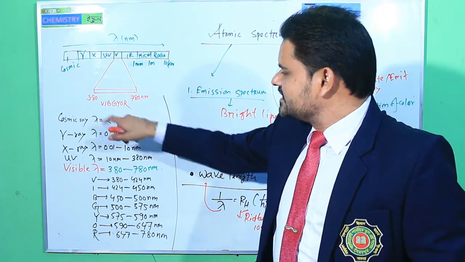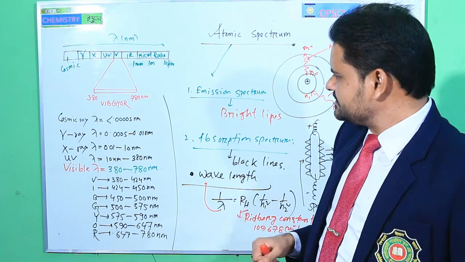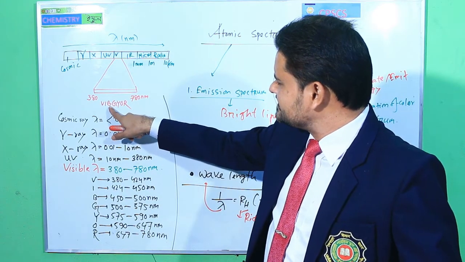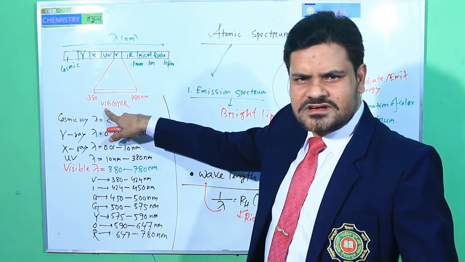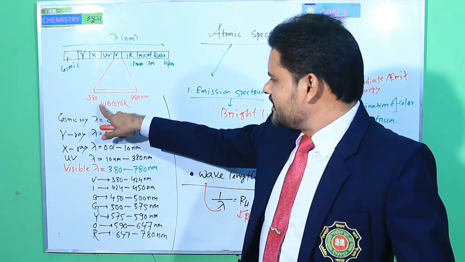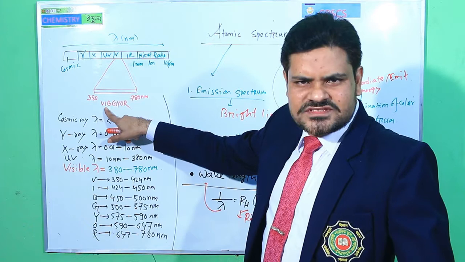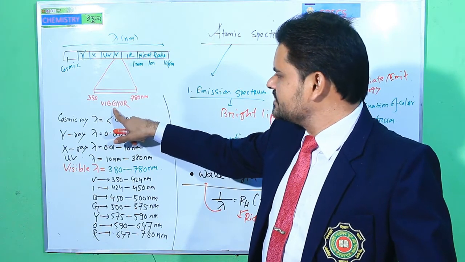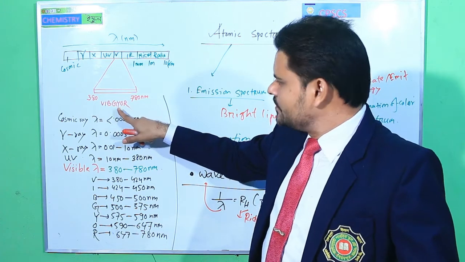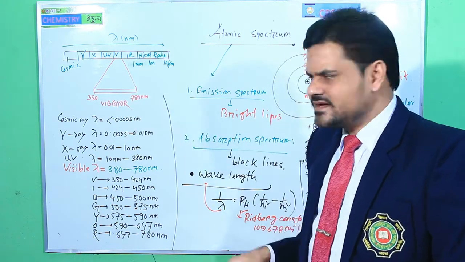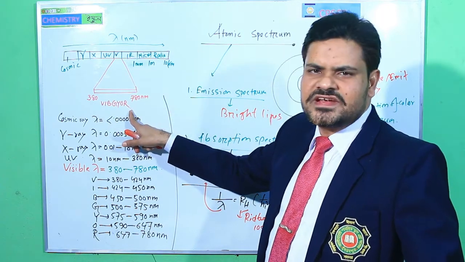If you want to remember this, remember VIBGYOR. V means violet, I means indigo, B means blue, G means green, Y means yellow, O means orange, and finally R means red.